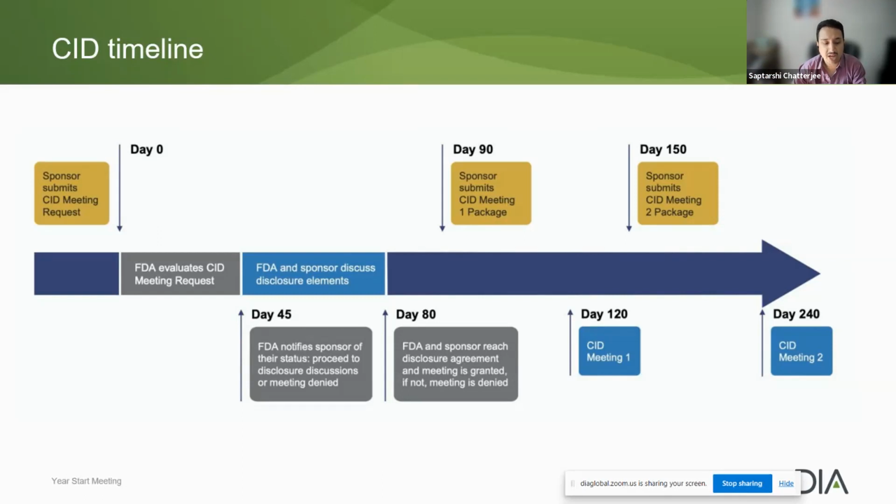I think it was highlighted in the CID portal that in case the sponsor is satisfied with the first meeting, they can actually go to the start of a clinical trial based on that discussion. So there is no need for the second meeting in that case.